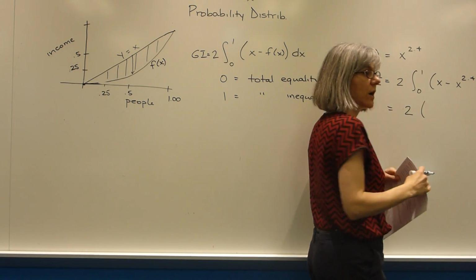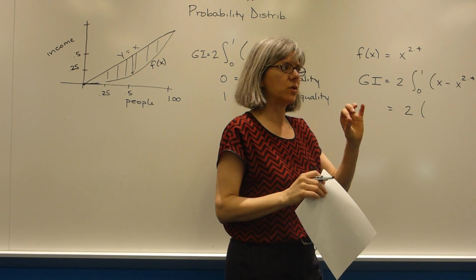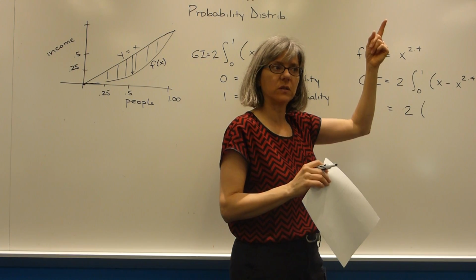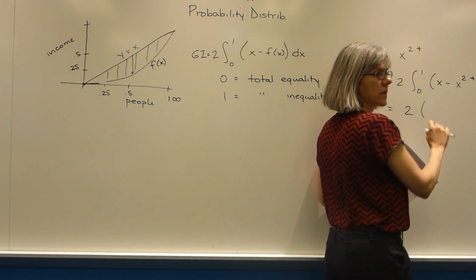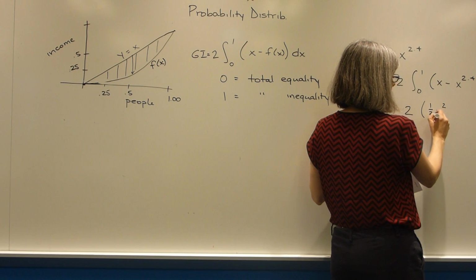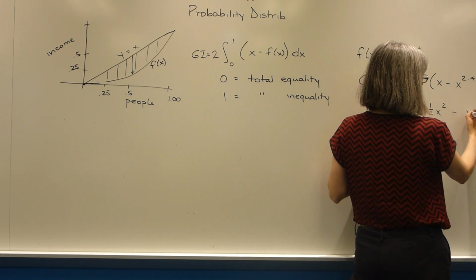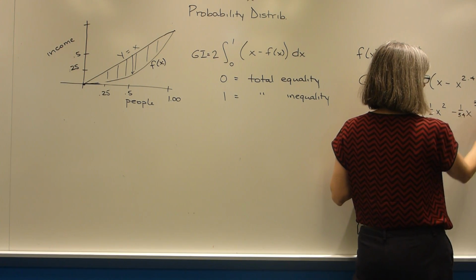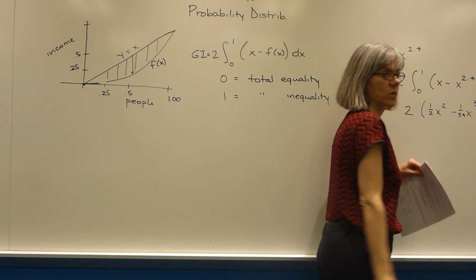And remember, when you do powers, the way I think about it is you're doing the antiderivative to go back up to the original function. So that means your exponent goes up. So this would be x squared divided by 2, minus x to the 3.4 divided by 3.4, and then evaluate from 0 to 1.